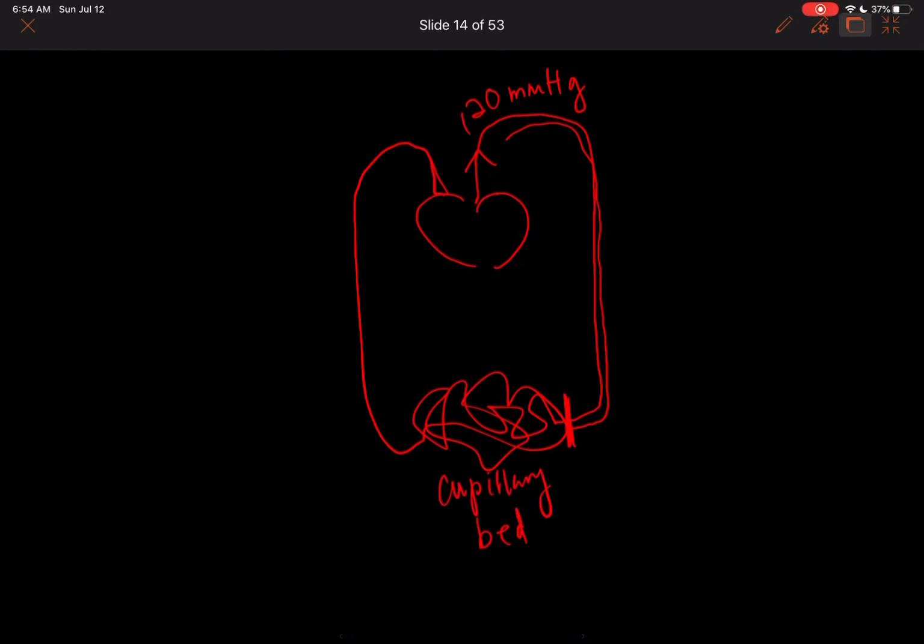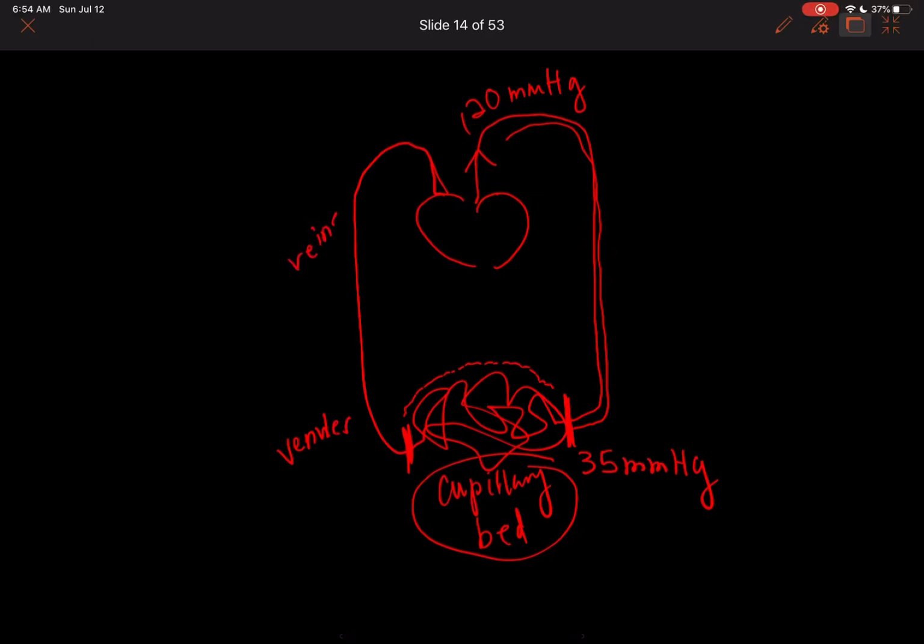Of course, there's a lot of capillary beds, but we're going to keep it simple by showing one example, and it begins at about 35 mmHg, and by the time the blood travels through the entire capillary, it will start going into your venules and into veins and back to the heart.